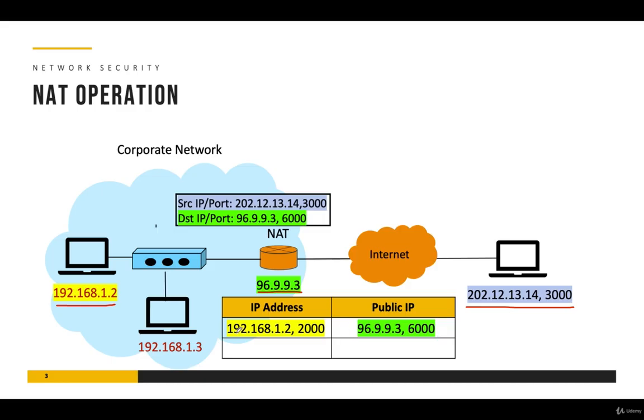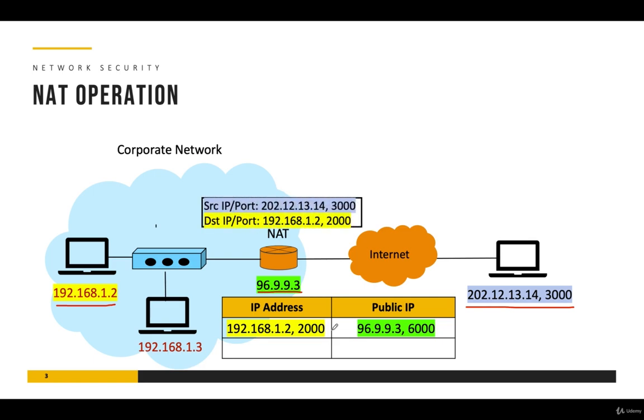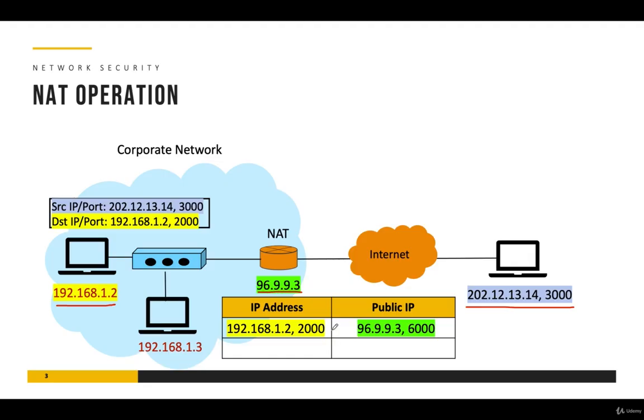And then it sees that it's 192.168.1.2 and port 2000. Simply replaces this, creates a new packet, and sends it to the internal system. So you see, NAT did this translation service seamlessly and transparently. The two end stations, they are not even aware of what's actually happening in between.